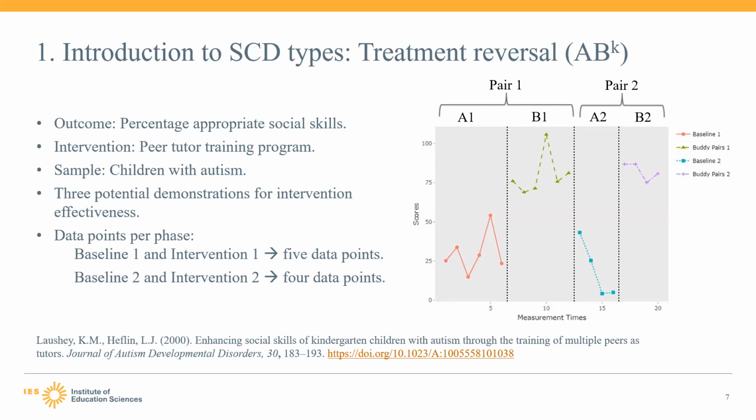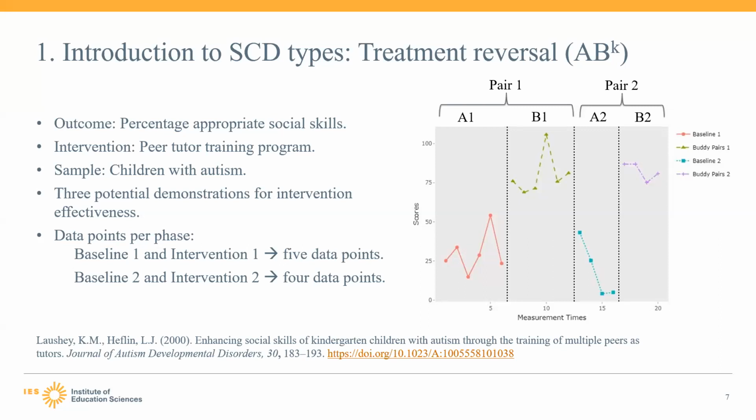The reversal design is especially useful if the outcome variable is reversible, which means when withdrawing the intervention, the outcome scores are assumed to fall back to baseline levels. The researchers Lochman and Heflin used an AB2 treatment reversal design, which is graphically displayed on this slide.